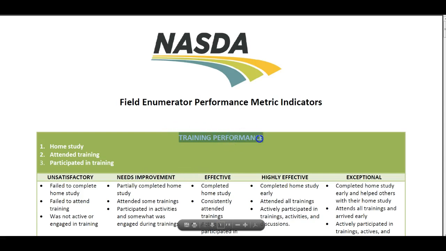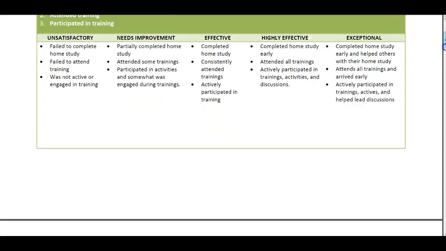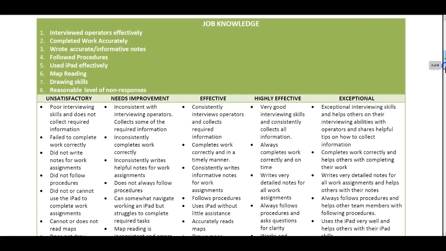For each category, we have the objectives up top, and then we have how you should be rating. What are the components to be unsatisfactory? What does it mean to be needs improvement, effective, highly effective, exceptional? And we have this outlined for each category that requires a rating in your performance evaluation.